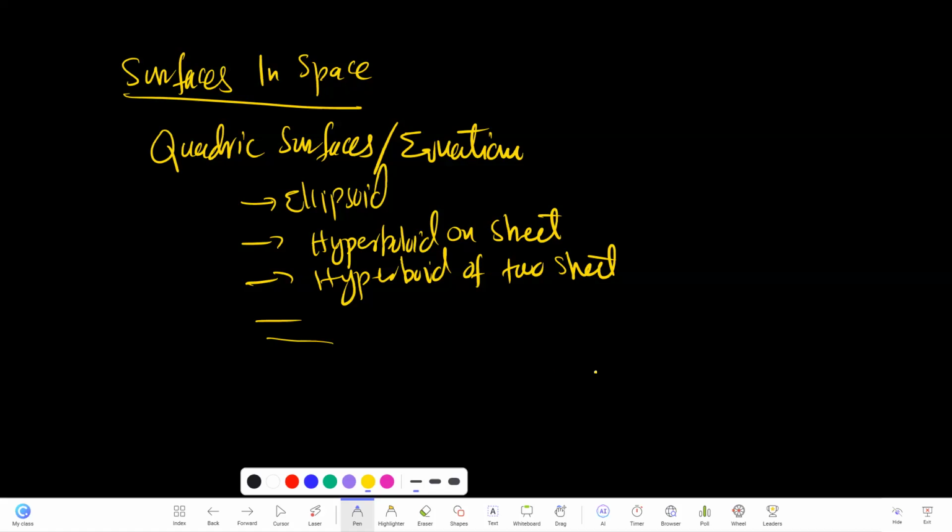So what exactly is the strategy here going to be? If any equation is given, let's suppose 3x squared plus 9y squared plus 9z squared equals 81, your goal is how to attack this. I think I'm going to be posting that lecture, just like I did earlier over the weekend.